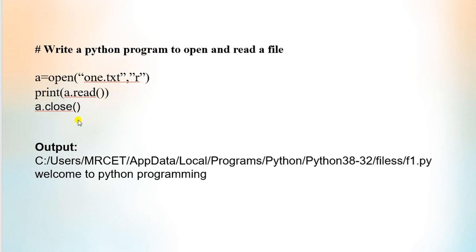After reading the file, we have to close the file using the close function. When we execute this code, we will get "welcome to Python programming". This is the content of the 1.txt file. So using the file pointer, the read function reads the content from 1.txt and prints it into the console.